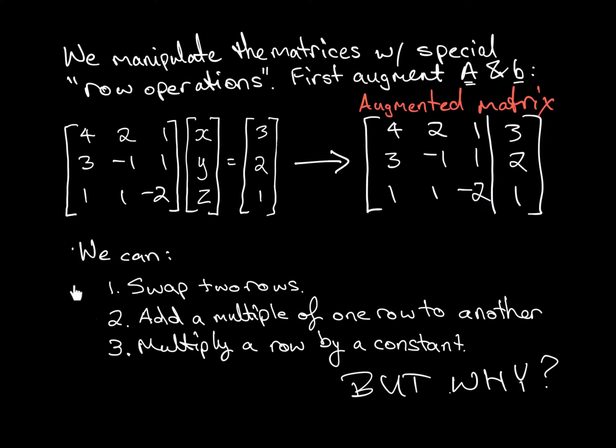We can do as many of those as we want in whatever order we like, and the augmented matrix that results won't be the same, but it will be a system which is equivalent to the original one, which of course is equivalent to the original equations. The reason why we would do that is because we want to try to get this matrix towards a form where we can solve the problem.